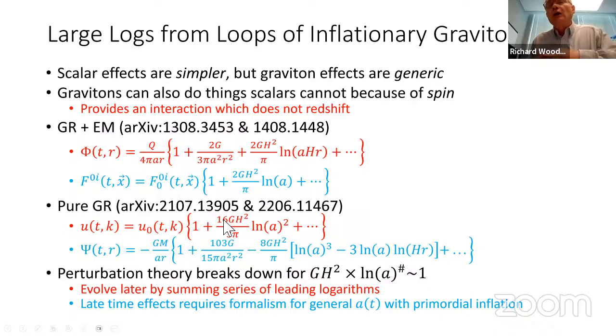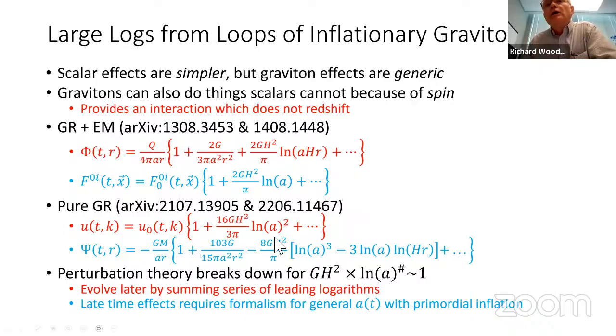Because gravity, when it interacts with itself, involves more graviton propagators that carry the logarithms, you get more logarithms. So you get two logarithms in the correction to the mode function, and up to three logarithms in the correction to the Newtonian potential.